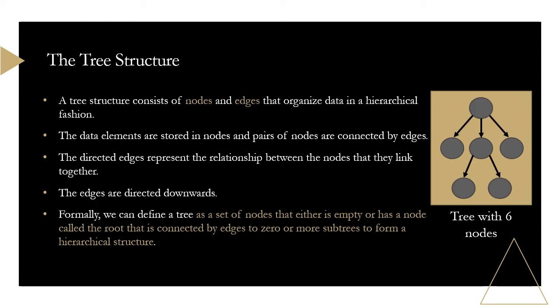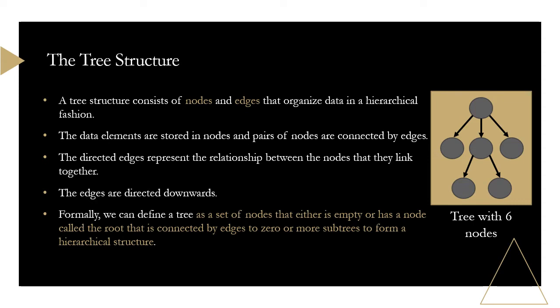Now there are 6 nodes. This is a tree. The uppermost node is the root, and then there are 3 subtrees that are connected to the root. The leftmost subtree is of one node. The rightmost subtree is also of one node.